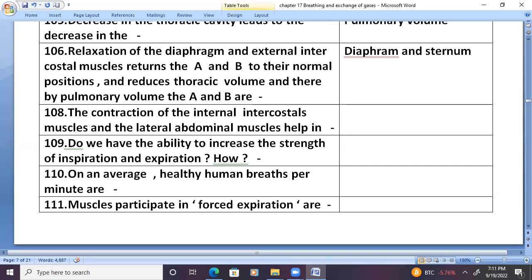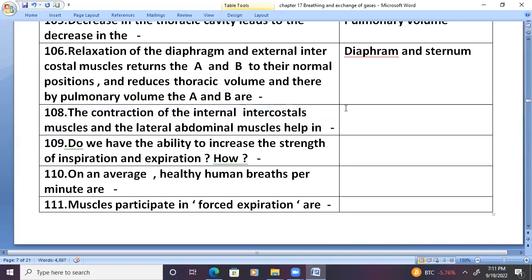Relaxation of the diaphragm muscles makes the dome-shaped diaphragm normal again, and the external intercostal muscles make the ribs return to normal, reducing the thoracic volume and the pulmonary volume. The A and B are the diaphragm and sternum.